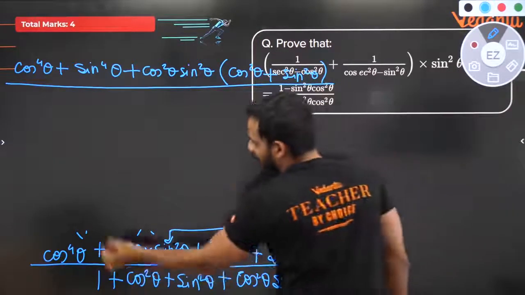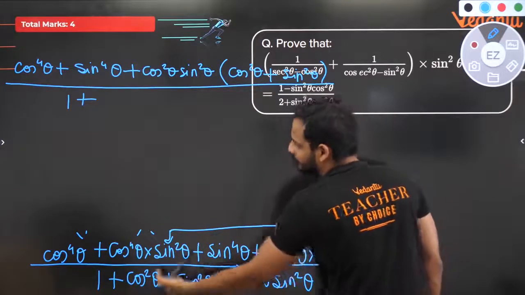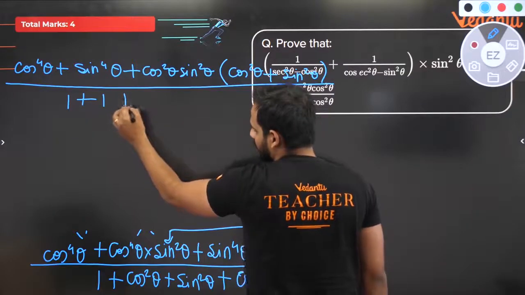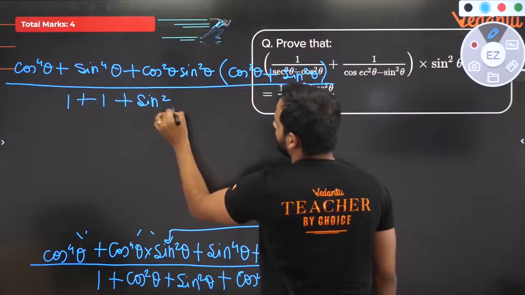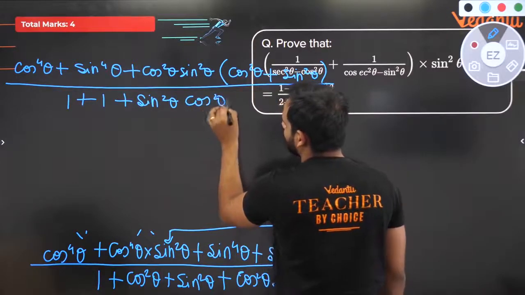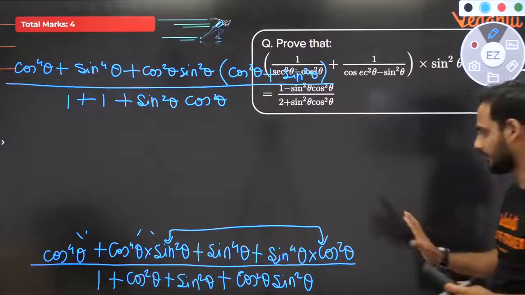Okay, whole divided by, देखो 1 is already here. Sin square theta and cos square theta, addition of these two identity is equal to 1 plus sin square theta into cos square theta. You can see we are very close to reach this part. बहुत करीब आ चुके हैं. We are very close right now.